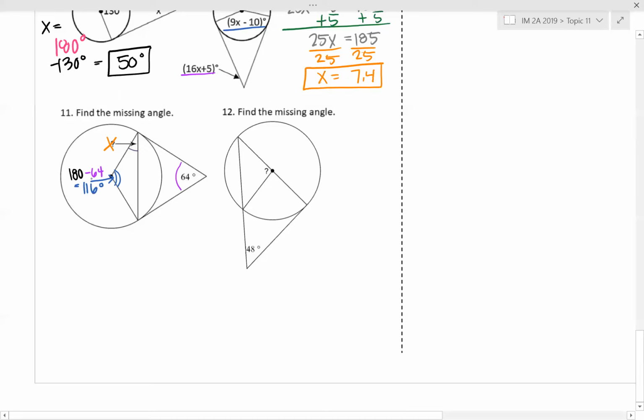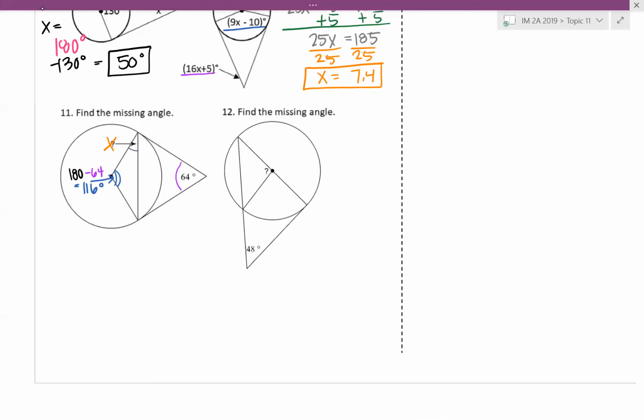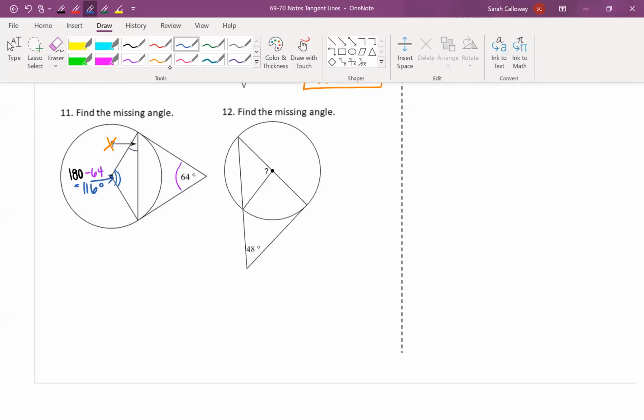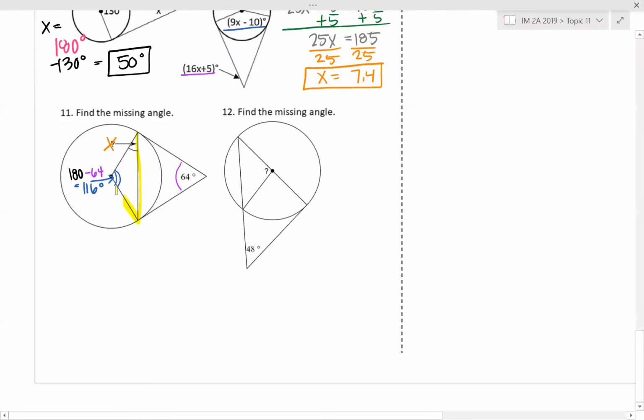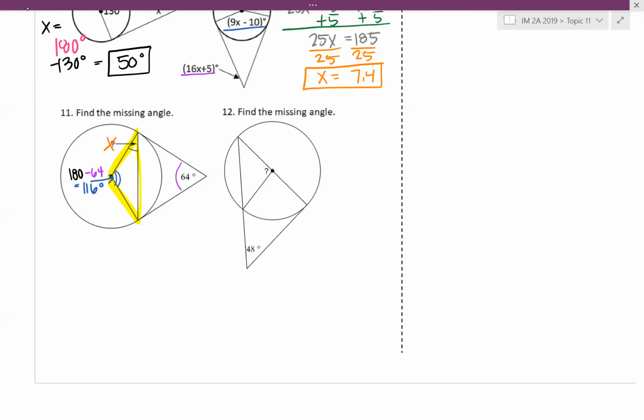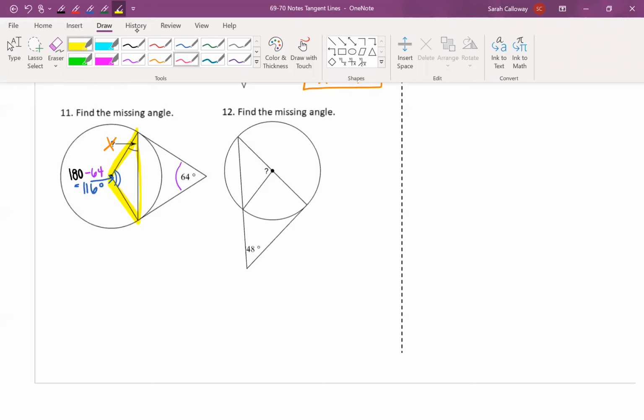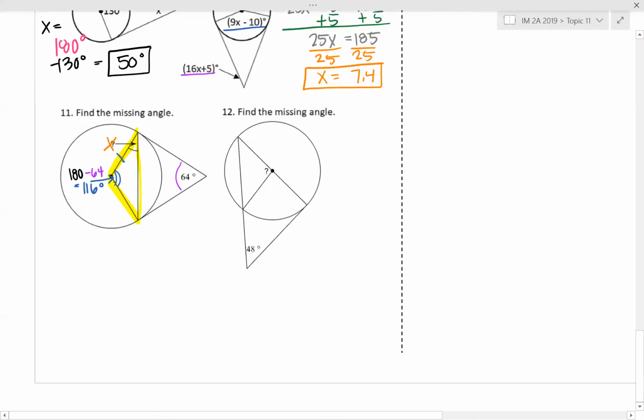So if that angle is 116, then I can think about this triangle here. Let me highlight it. This triangle here. And I know that it's a triangle, so it adds up to 180. What I know, because this is the radius of the circle, is that this is an isosceles triangle.